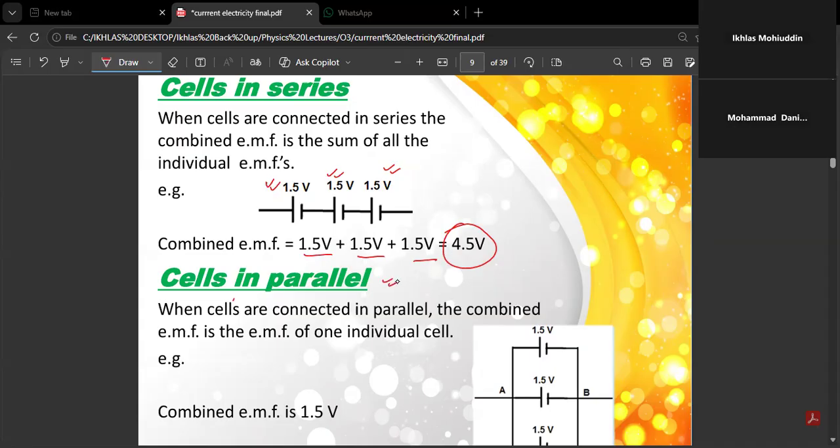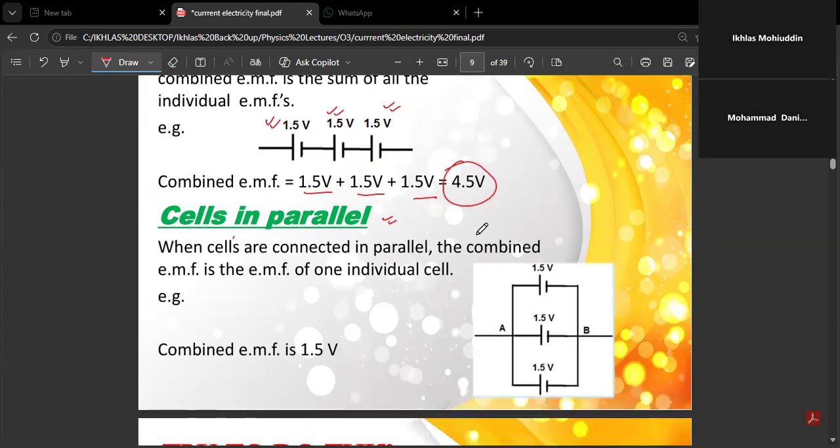When we want to connect cells in parallel, the connection would be like this: cell 1, cell 2, cell 3, right? And all these cells are connected in parallel. So the combined EMF will be equal to that of one individual cell, which is 1.5 volts. So in parallel, we don't need to add the EMFs.